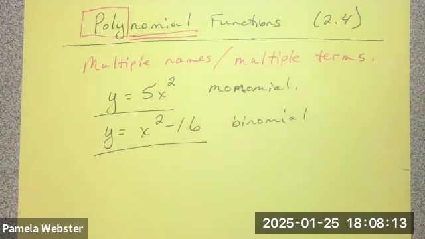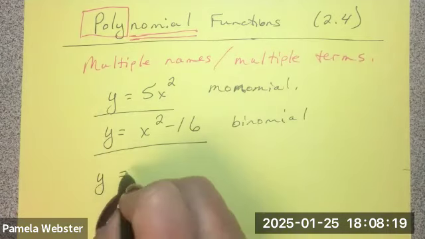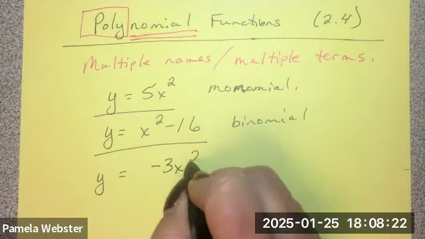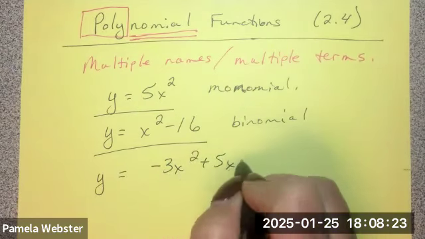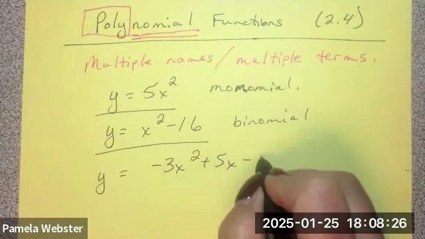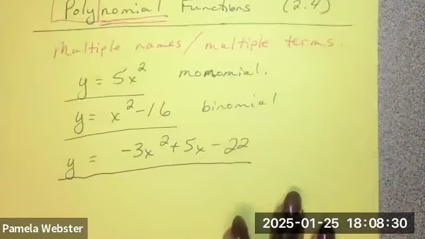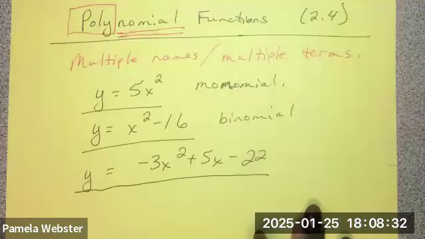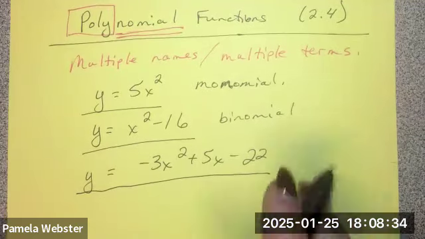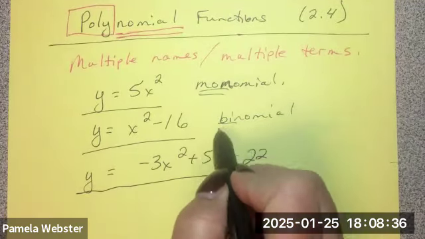Most of our stuff is going to be multiple terms, right? Something like y equals negative 3x squared plus 5x minus 22. That has three terms, and it could be called a trinomial, just like mono is one, bi is two.